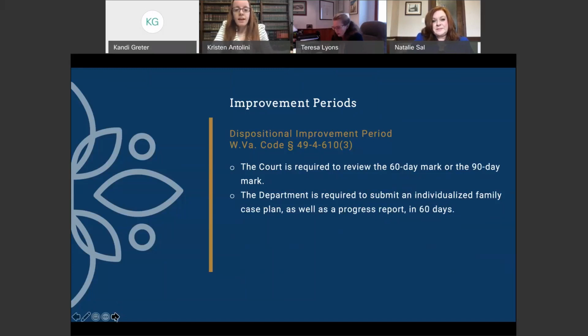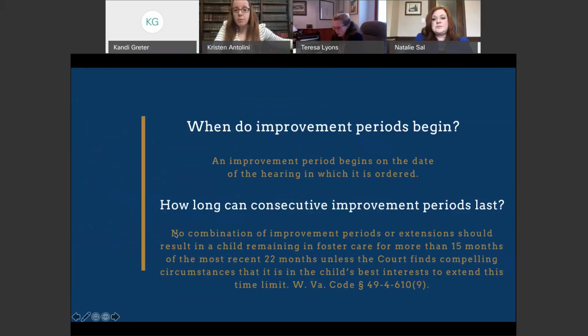And Natalie, when does an improvement period actually begin? An improvement period actually begins the date of the hearing that it occurred, not the date that the order is entered. Now, something to keep in mind is you don't have to begin services on the date of the beginning of the improvement period. Services can begin before the improvement period officially begins.